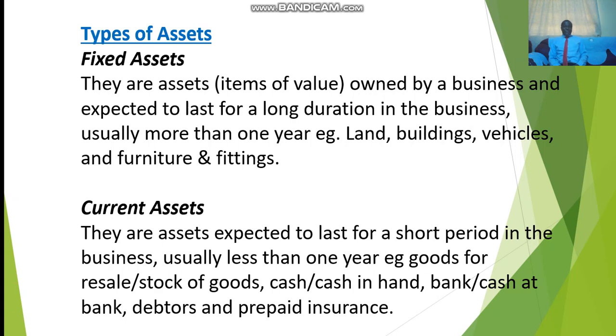The fixed assets are items of value owned by a business and expected to last for a long period in the business, normally a period of more than 1 year. For example, land that's owned by the business, or buildings owned by the business, vehicles owned by the business, or even the furniture and the fittings of the building.